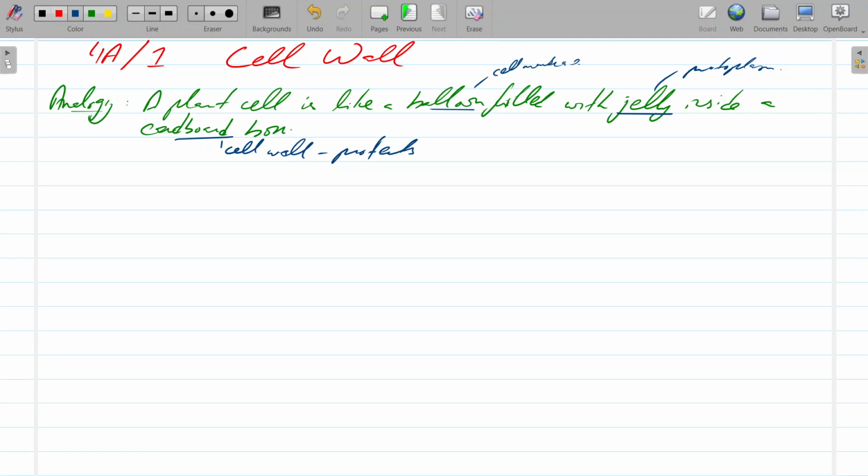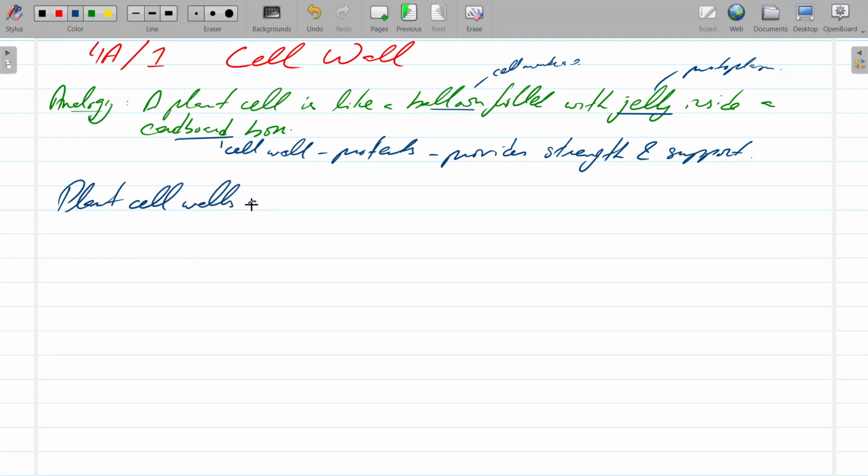Okay, so the cell wall, right, provides strength and support. Right, and for plant cells, so plant cell walls are made up mostly of cellulose.